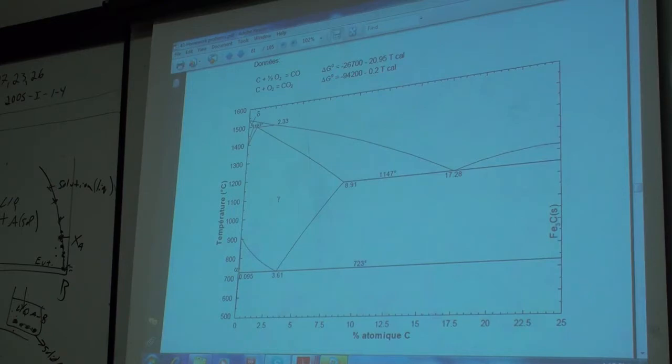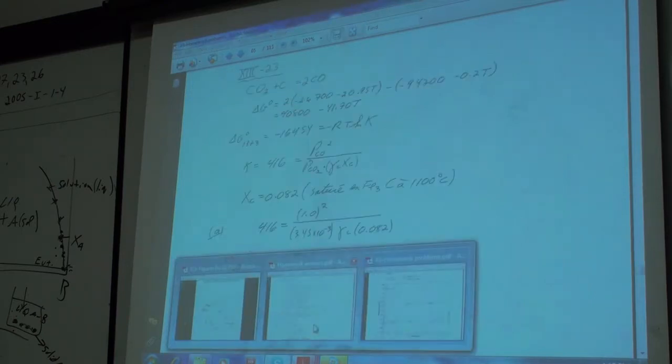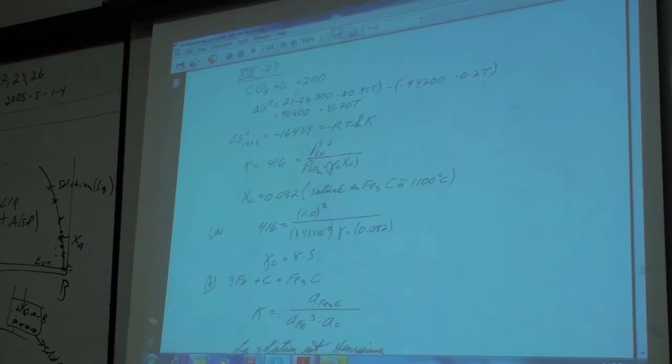If we put that mole fraction of carbon in here, we can then calculate the value of gamma, 8.5. That's the Henry activity coefficient of carbon in the gamma phase, on the phase boundary in equilibrium with cementite.